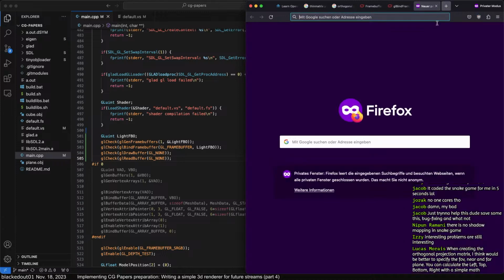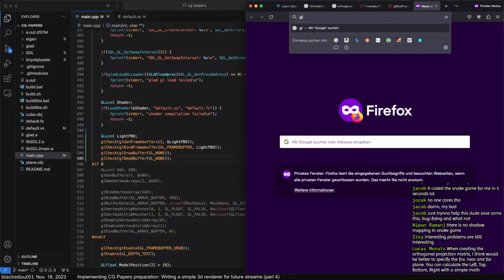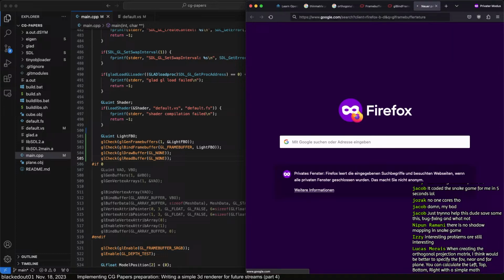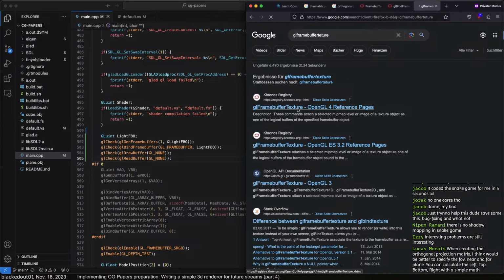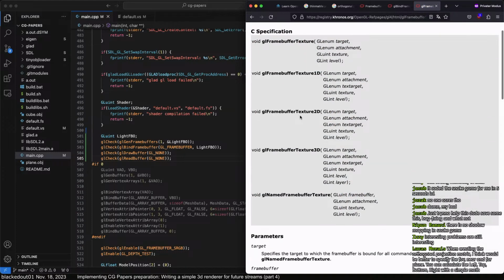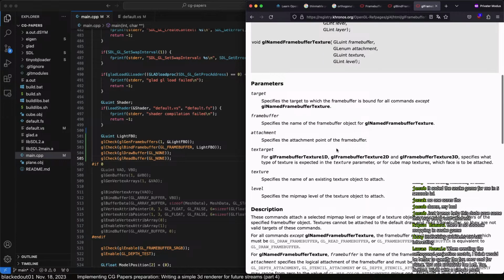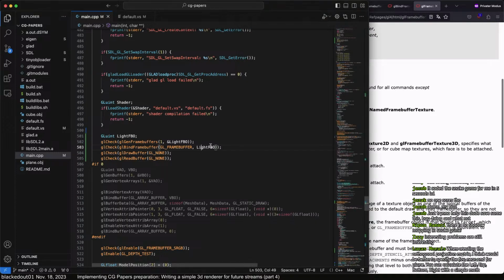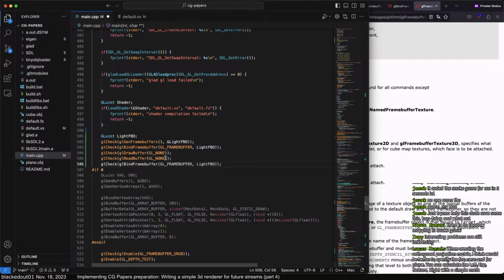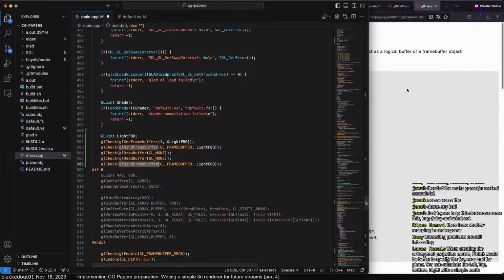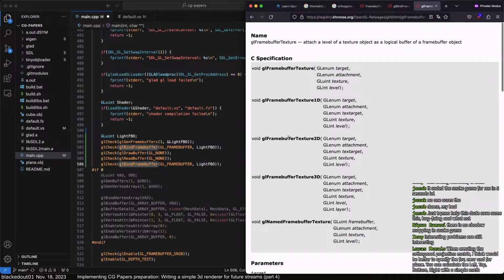And the way you specify this is by calling glFramebufferTexture, if I could spell. And the depth buffer is 2-dimensional, so we will use glFramebufferTexture2D.